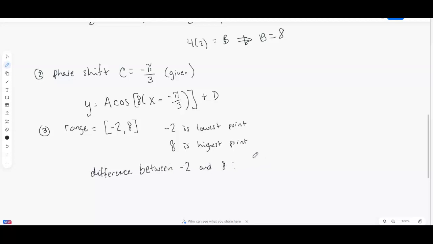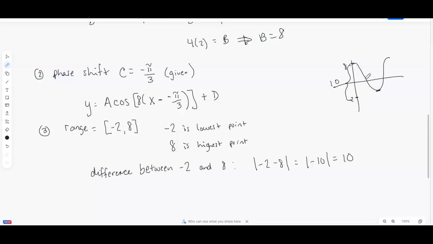The difference is 10. We're graphing this, and this is negative 2, and this goes all the way up to 8. I don't know exactly what it looks like, but this is my lowest point, my highest point, and there's 10 points in between these, right?